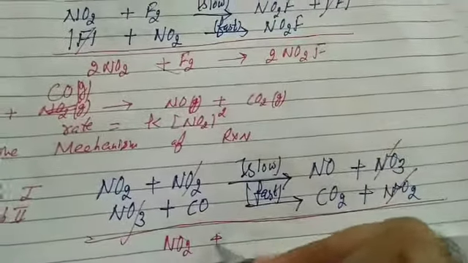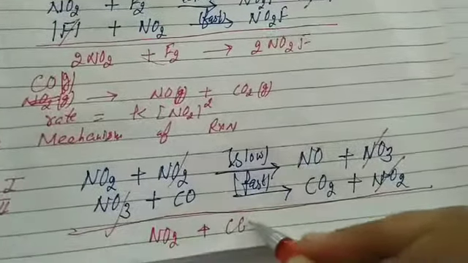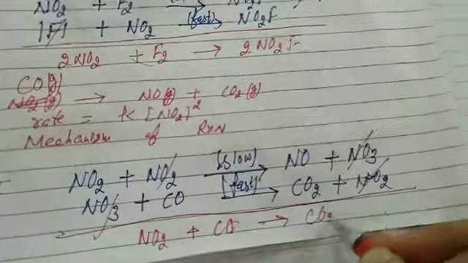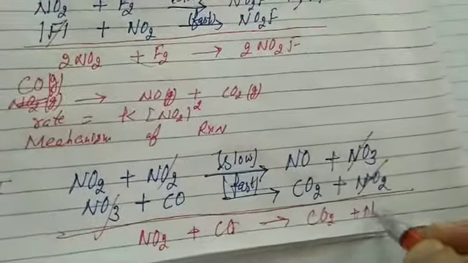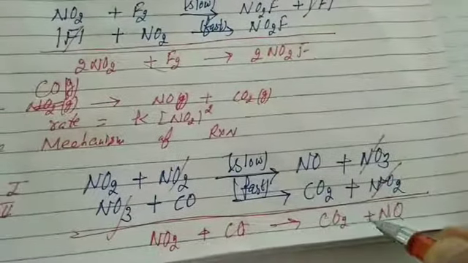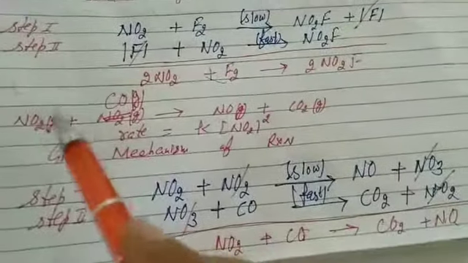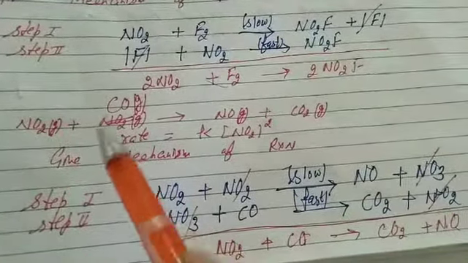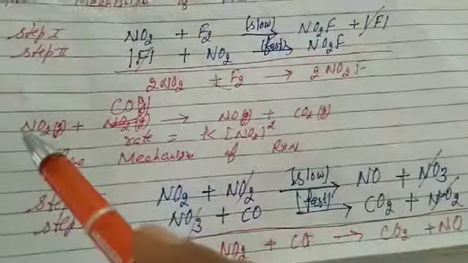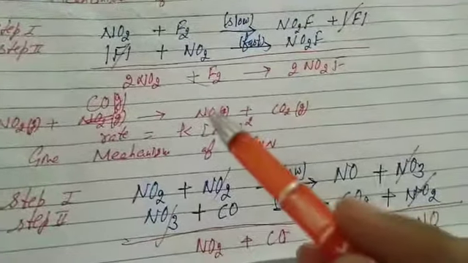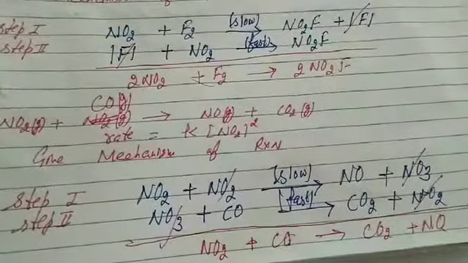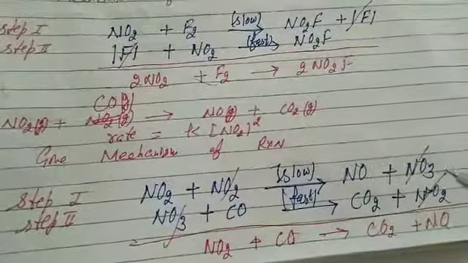NO2 plus CO, CO2 and NO. The overall equation is same as in the question, which was the given equation. These two are same, students. NO2 plus CO to give NO plus CO2. It means our mechanism is 100% right.